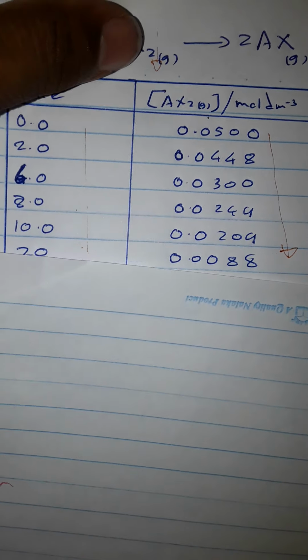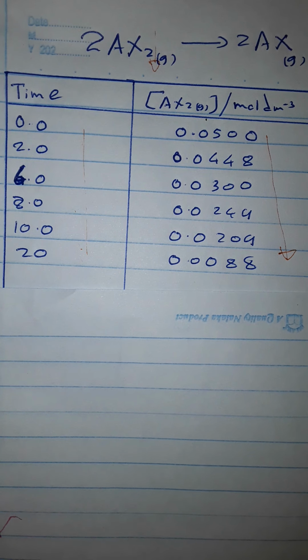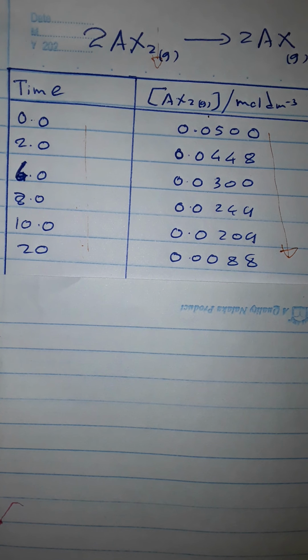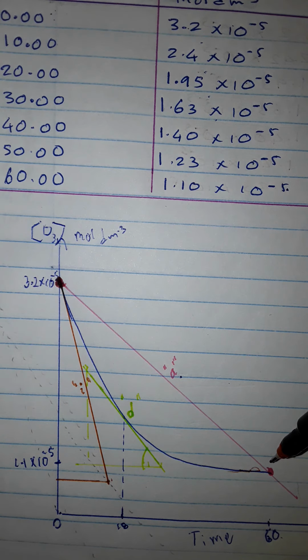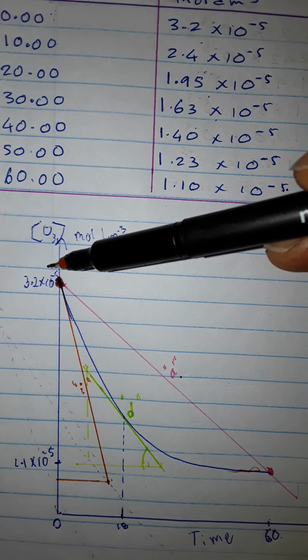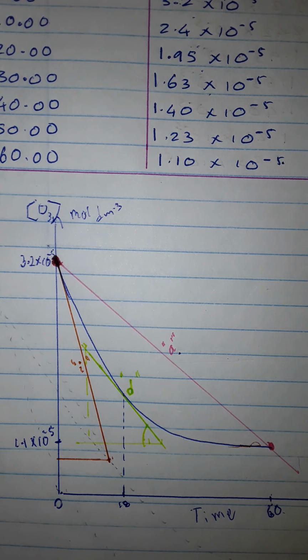I want to find the average reaction rate. You remember the earlier diagram in the earlier video, I showed you that average reaction rate means actually final minus initial divided by the total time taken, right.